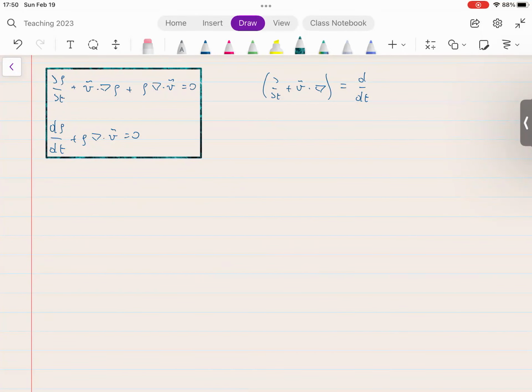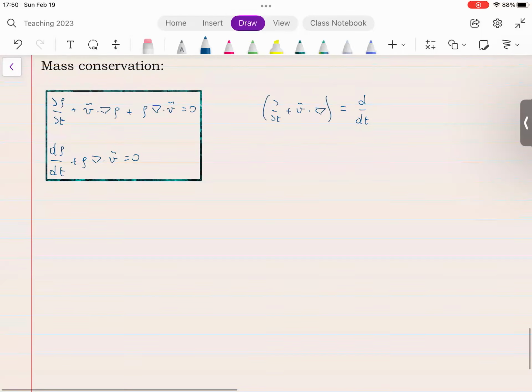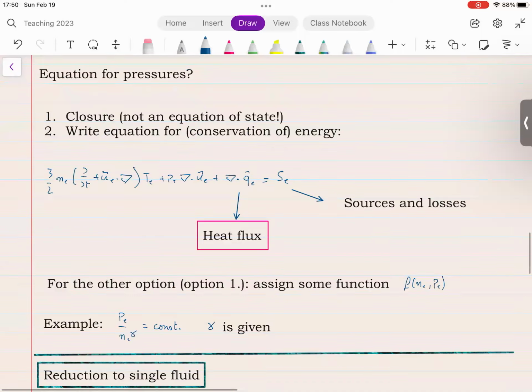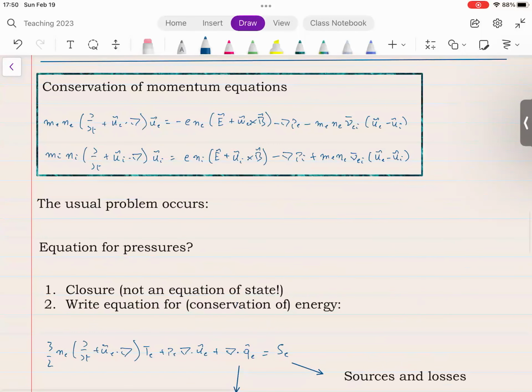For momentum now, we add the two equations up here together, and you see that the last terms go away because they're equal and opposite. Great. P_e and P_i sum to just give me P. And if N_e is equal to N_i, then the electric field disappears from the equation.